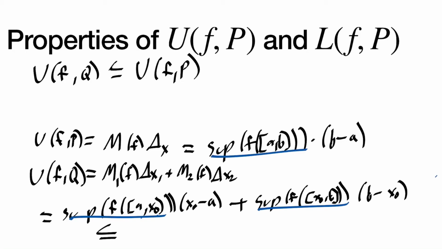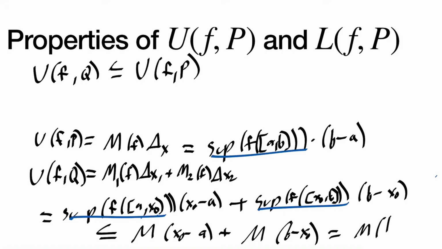So now I can make my inequality, and it says that this is less than M times x naught minus a plus M times b minus x naught. But now if I factor my M's out, you see my x naughts cancel, and so this is M times b minus a. And that was the original upper sum.